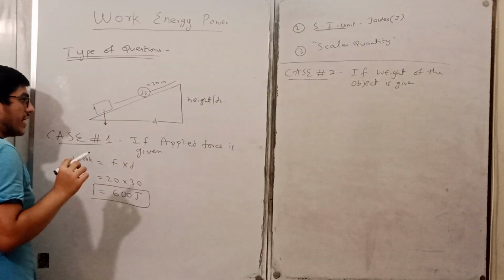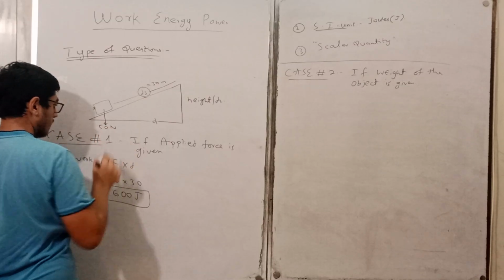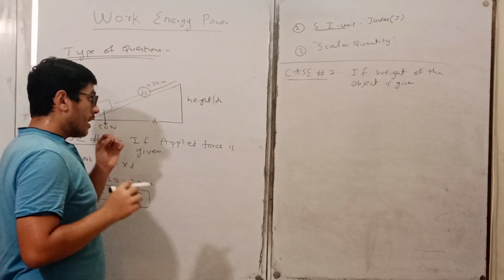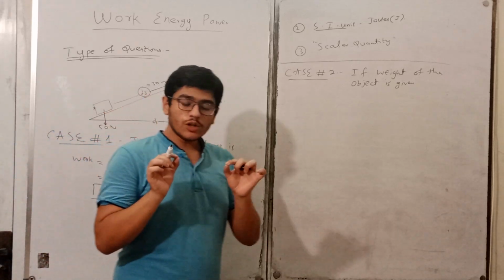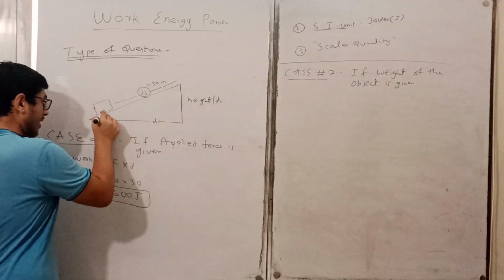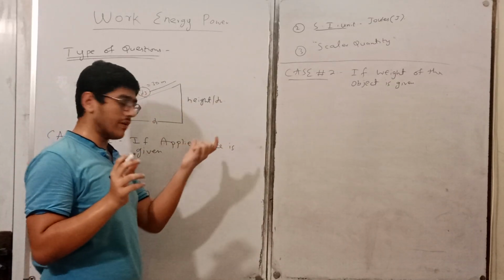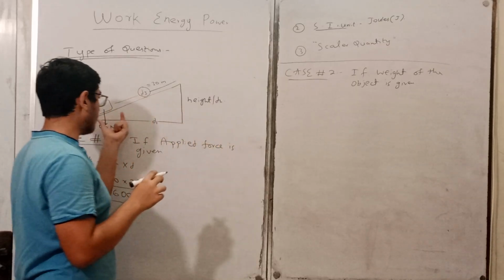Let's say its weight is 50 newtons. Since work done is the product of force and displacement parallel to that force, therefore for the weight, which is a vertically downward acting force, we will consider height, that is parallel to weight.